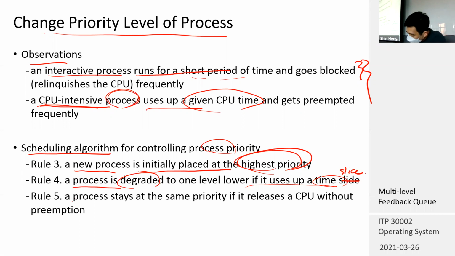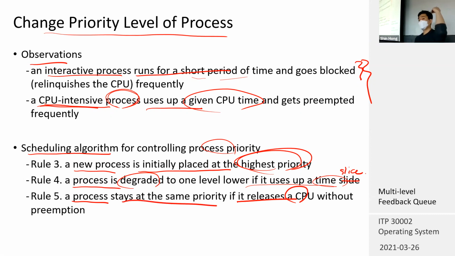But if a process releases the CPU before the time slice expiration, then the system recognizes that it can still be afforded in the highest priority queue, so it stays at the same priority queue.